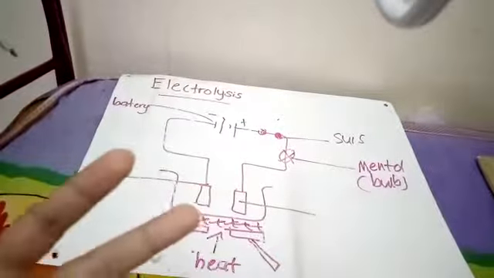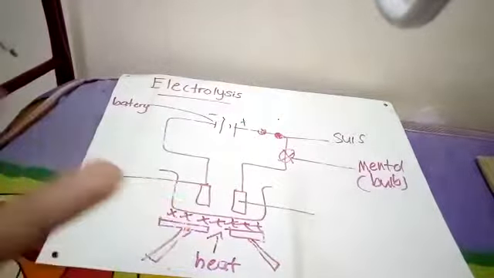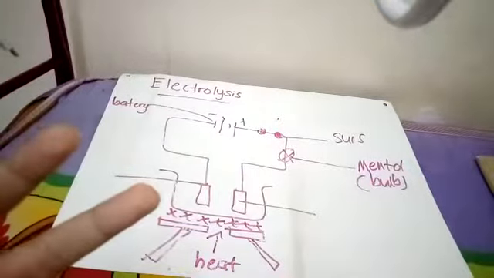The two points are which terminal is positive or negative for the electrode.